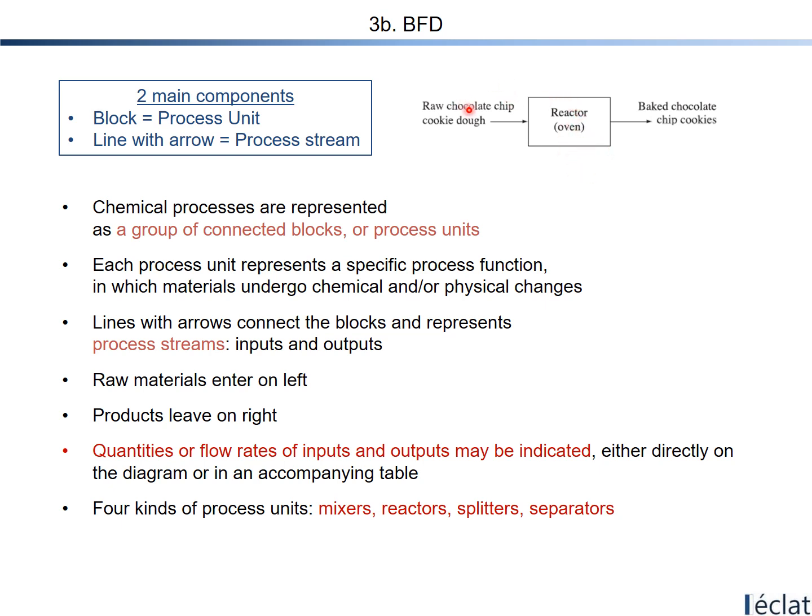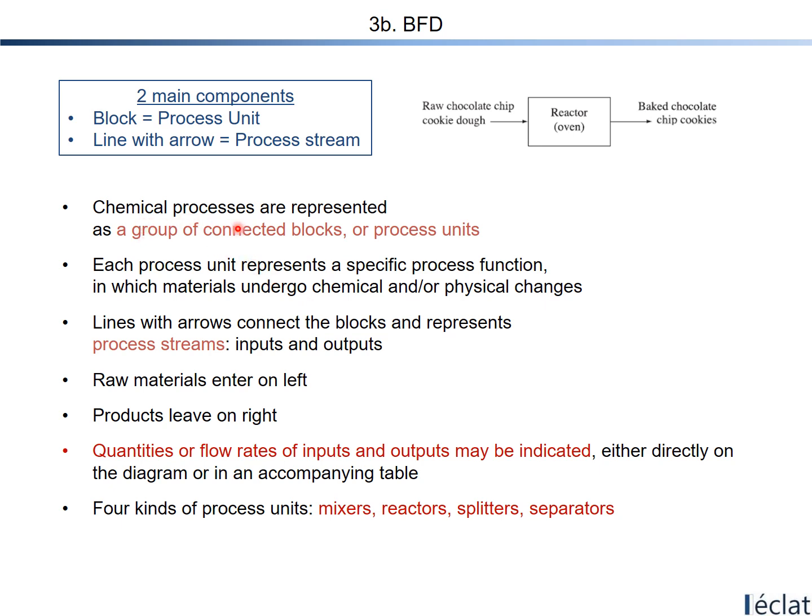So raw chocolate chip cookie dough is introduced into the oven as a reactor, and then as the product you could get the baked chocolate chip cookies. This is a part of a block flow diagram. Now let me read this text, but there is nothing. You will understand it very well with some examples in following slides.